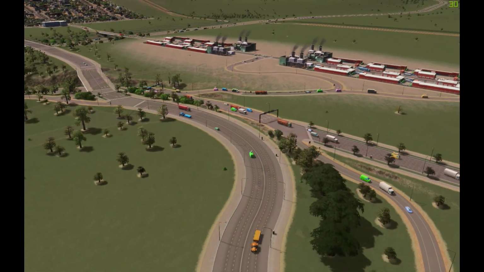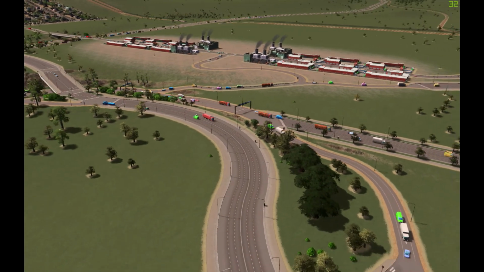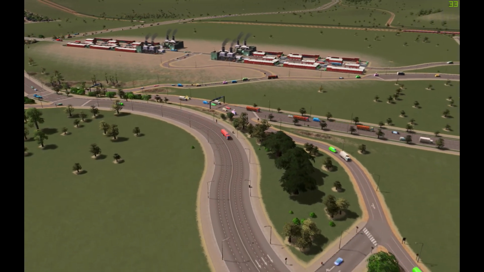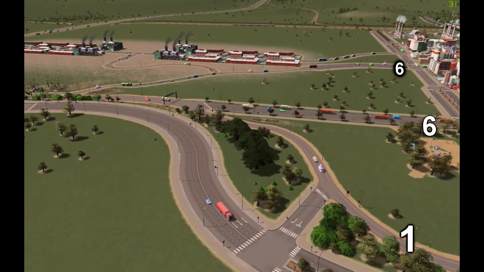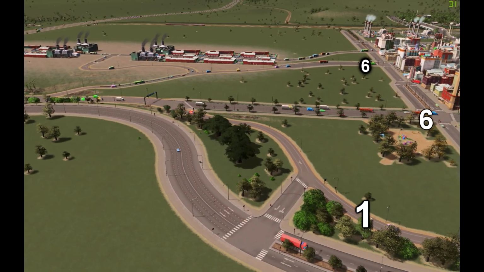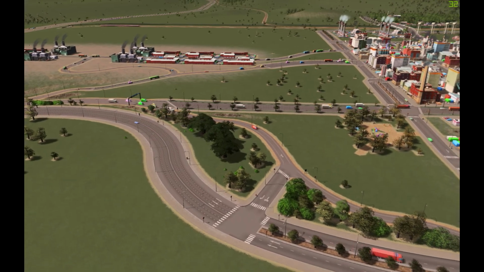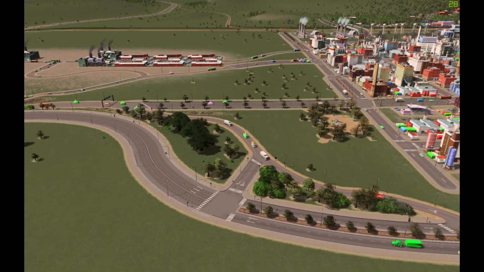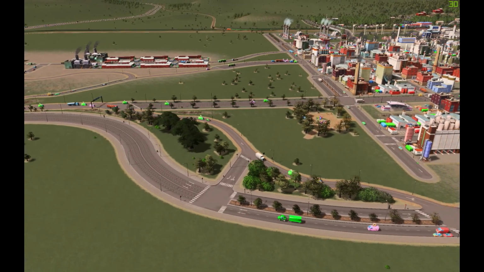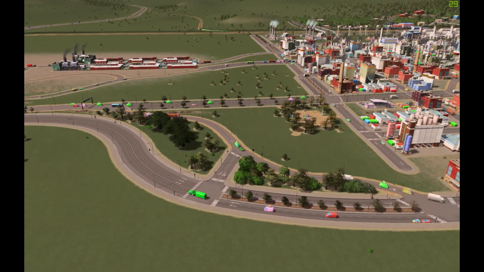And here, I take 3 lanes of traffic and split them into, see, there's a 6 here, there's a 6 there, there's the 1 here. Well, that's 13 lanes right there. Trying to create some parkland. Yeah, this is where I spent most of my time, and I need to spend more.